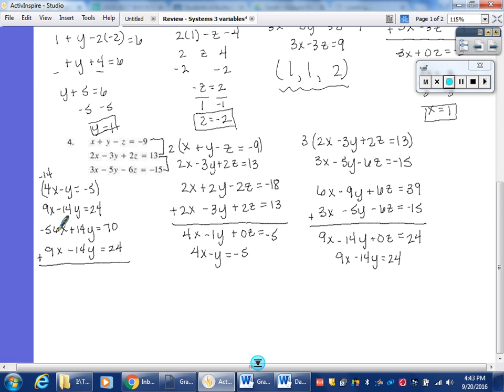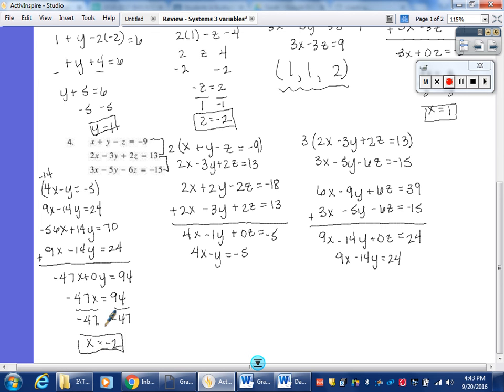And negative 56 plus 9 is negative 47x. These y's cancel out, so it's plus 0y is equal to 94. And negative 47x is equal to 94. As ugly as that looks, that's nice and divisible. Divide 94 by negative 47, and you get x is equal to negative 2. That works out nicely.